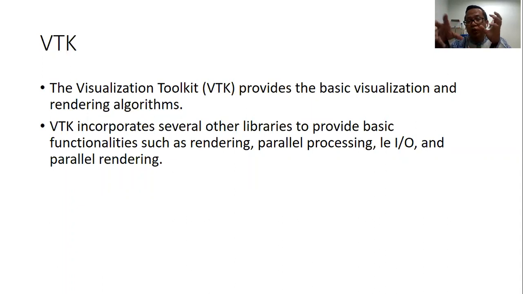For example, we design using Autodesk Inventor, and then we analyze it in ParaView. Okay, it can be done when we do the lab. VTK incorporates several other libraries to provide basic functionalities such as rendering, parallel processing, parallel rendering, and so forth.